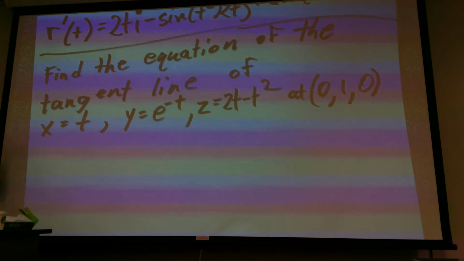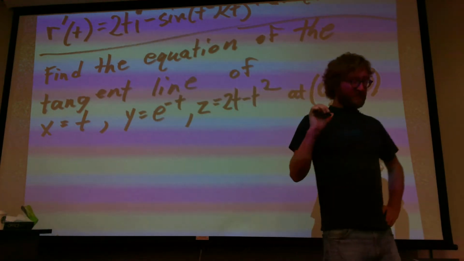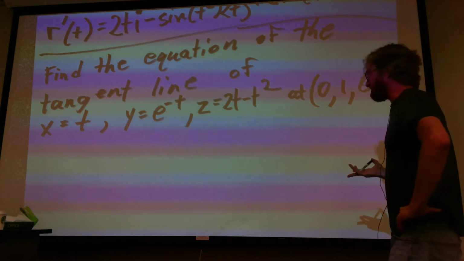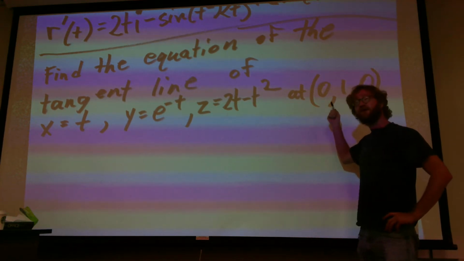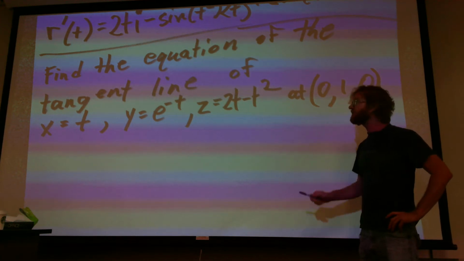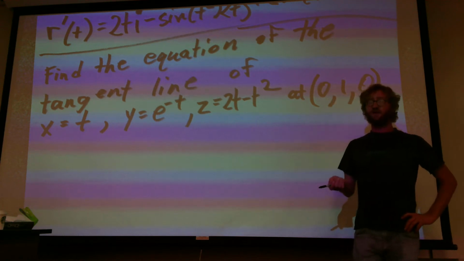Remember when we were talking about parametric equations of lines in space, we need a point in space. That's our point right there. But what else do we need to describe a line in space?